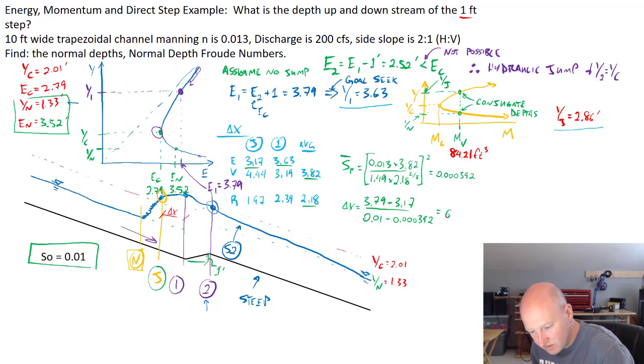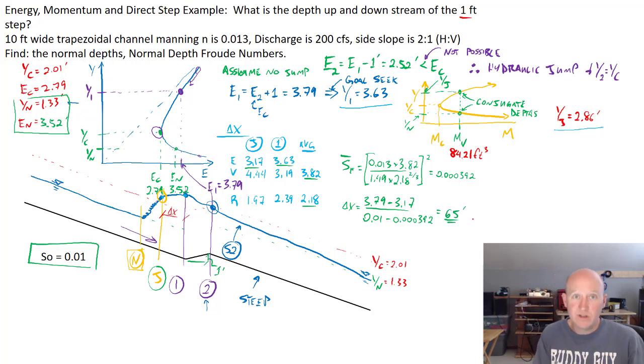And so the answer is 65 feet. So what we're saying is that there's 65 feet between the location of the jump and the inflection point of the bottom of the channel.